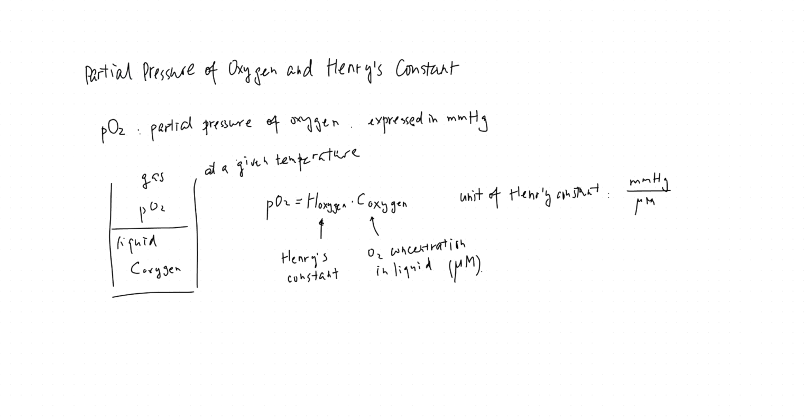So for oxygen in water, at 0 degrees C, Henry's constant equals 0.349 millimeter mercury per micromolar.